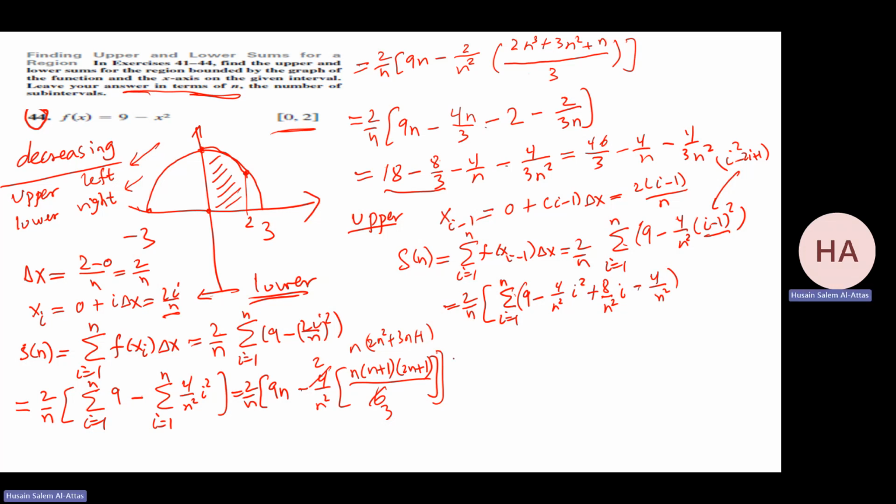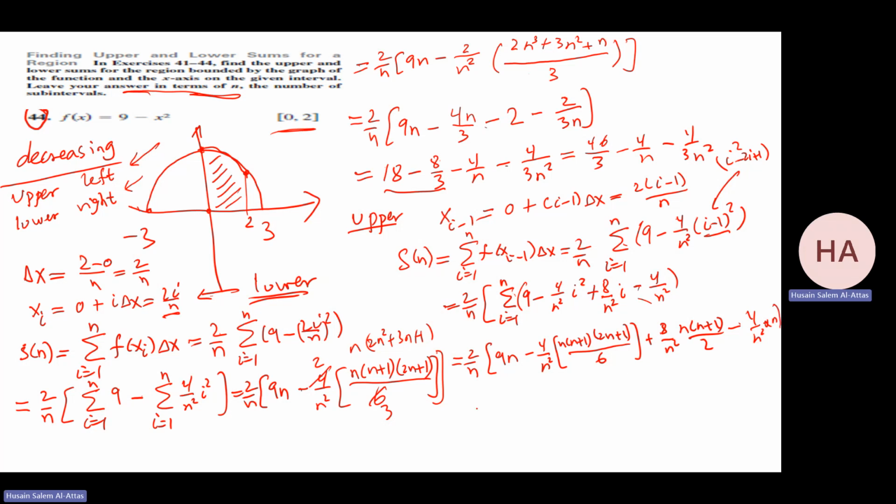So that gives me 2 over n. This is 9n, this is minus 4 times n times n plus 1 times 2n plus 1 over 6, plus 8 over n square times n times n plus 1 over 2, and minus 4 over n square times n, because it has no i.